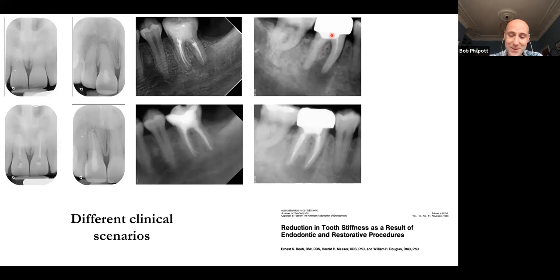And I have to say, when I was listening to it, yeah, maybe in terms of bonding and retention, they may be of benefit, but in terms of retrievability, they're really, really hard to get through and get out. And you can see this case here. This is a case I treated a couple of years ago. I've accessed through this ceramic restoration, and then we've done root canal retreatment. I don't have the review radiograph, but it was successful.